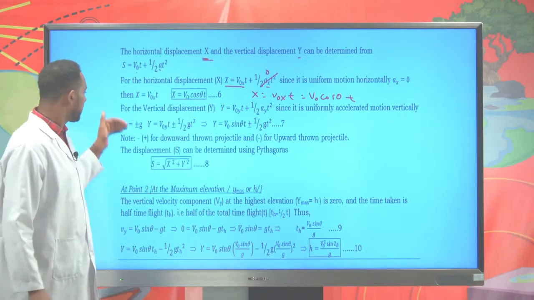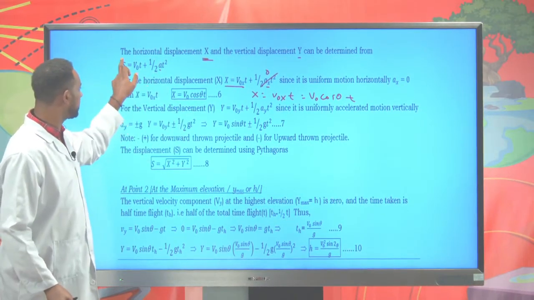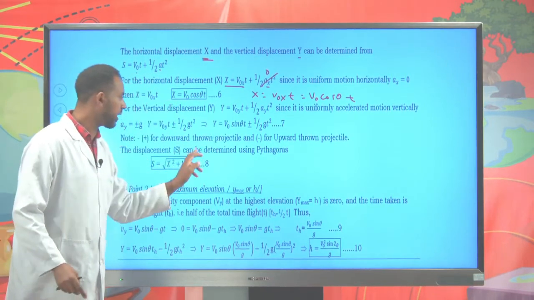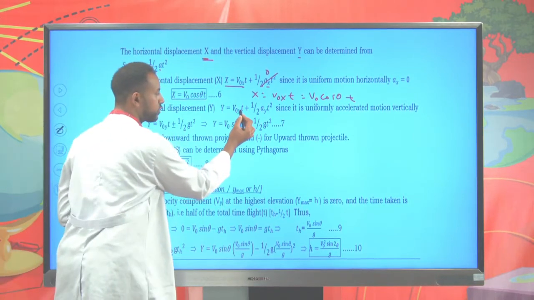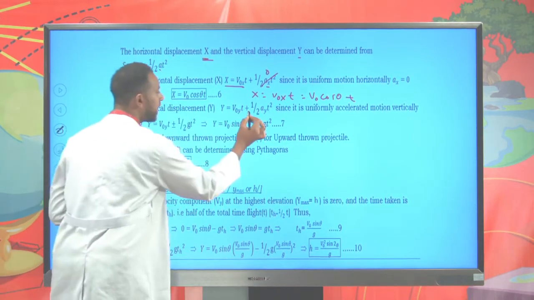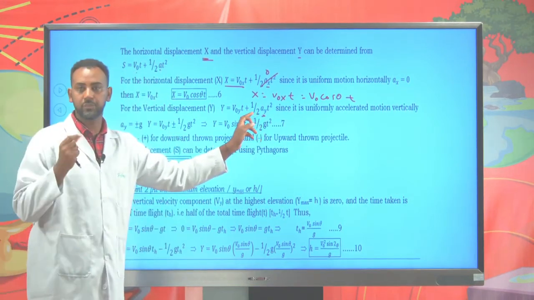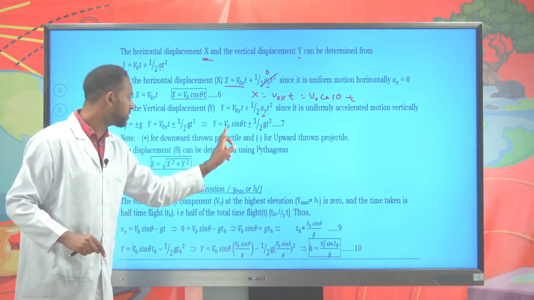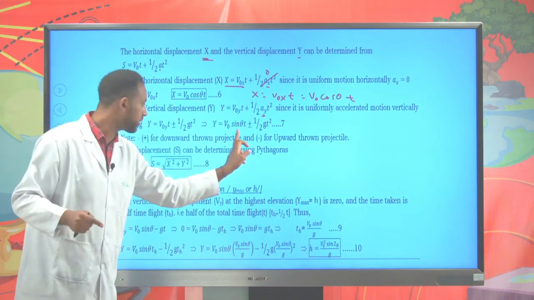Whereas to determine the vertical displacement, we know this is the general equation. Instead of using s, we can use y or h. Okay, let's use y. Then the initial velocity should be the vertical component, v naught y t, plus half times the acceleration along y times t squared. But the acceleration along y is gravity, so we use g. And the initial vertical velocity component is v naught sine theta.